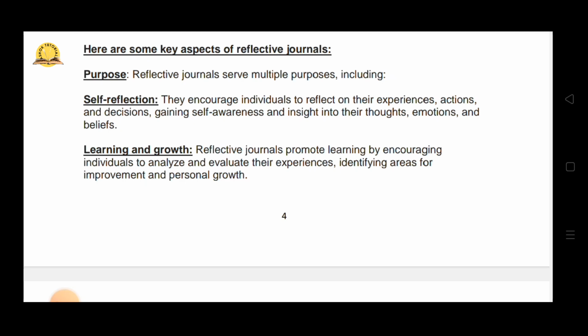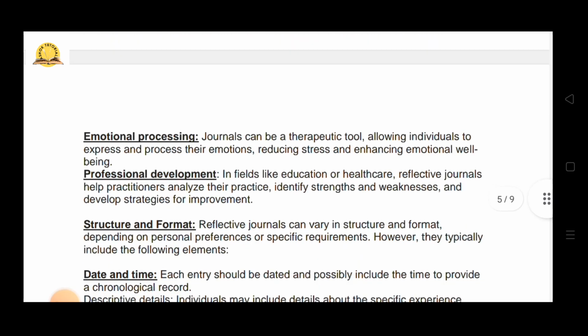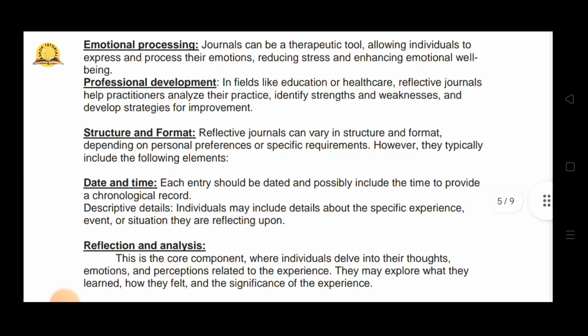And then we can evaluate and improve them, right? We can identify them, and we may take the necessary actions required to improve the particular area in which we are lagging behind, right? Now, emotional processing. For emotional processing, reflective journals can be used.